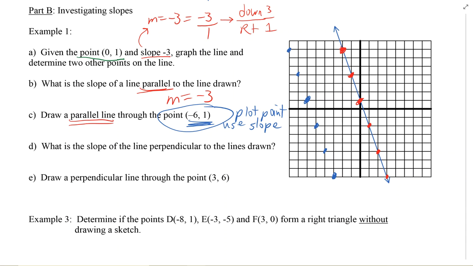So I'm just counting by using my slope. The counting will be exactly the same as the other one. Okay. And there you go. There's your 2 parallel lines.